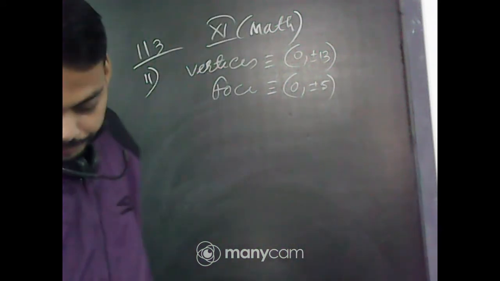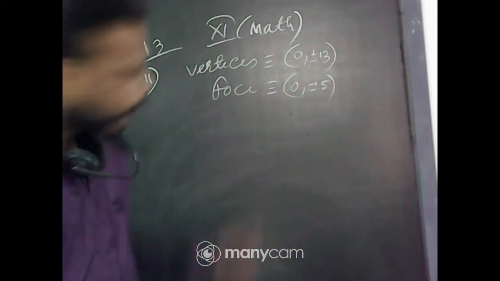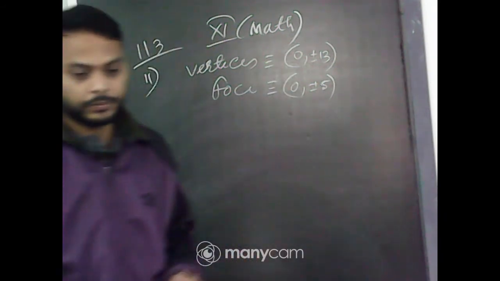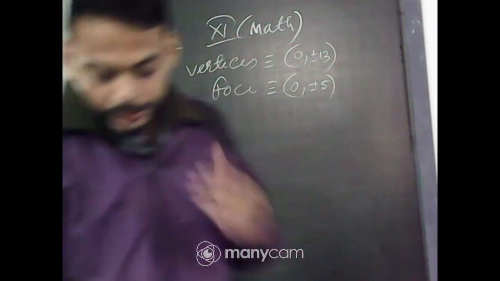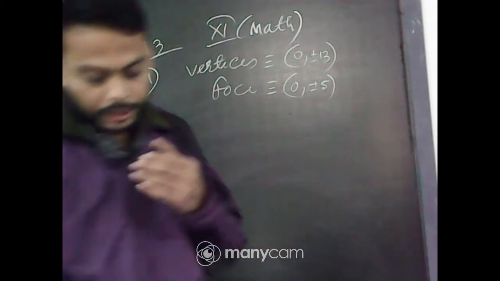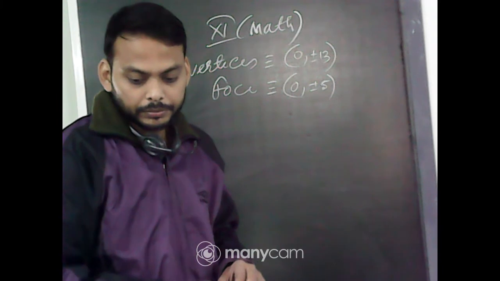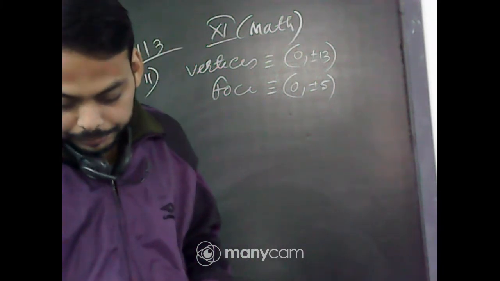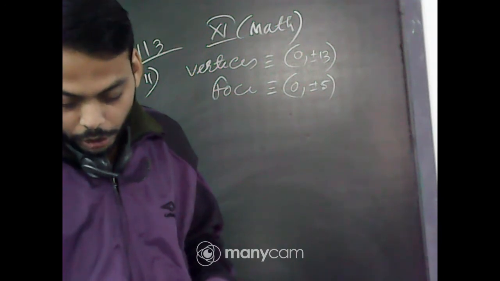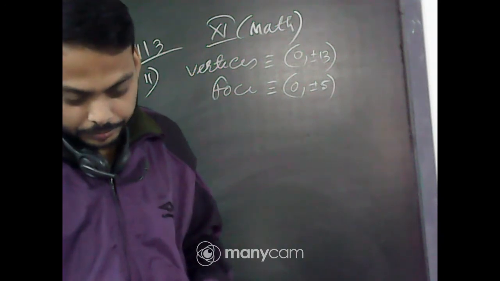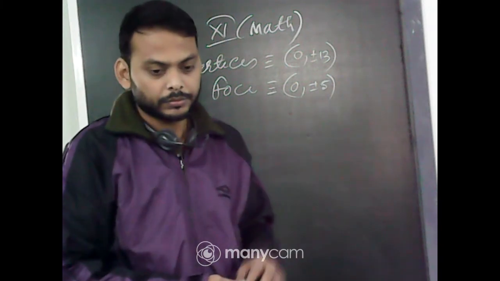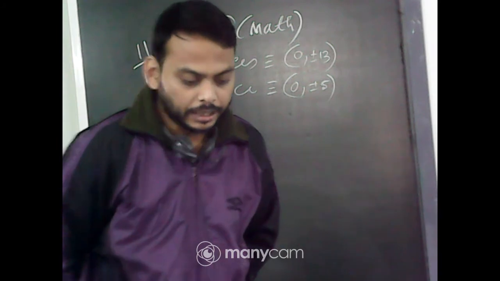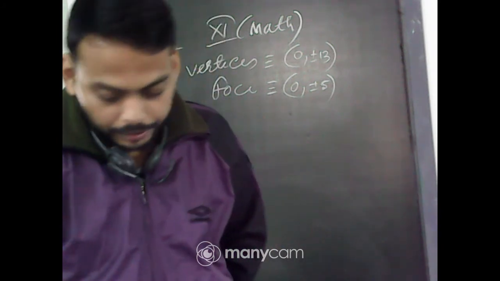So, you can see here for both the points the abscissa is 0, x coordinate is 0. That means the equation will be of which form? Axis of the ellipse, I am asking you about the axis of the ellipse.